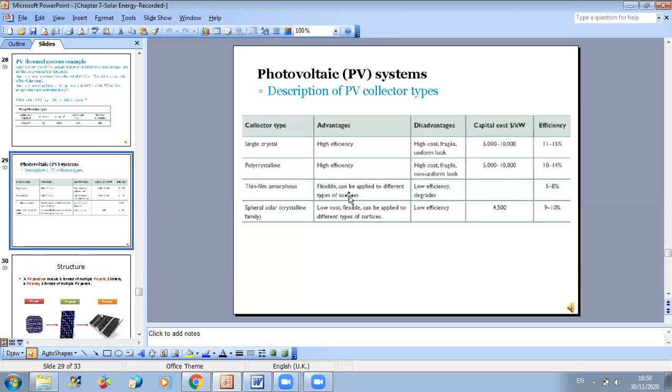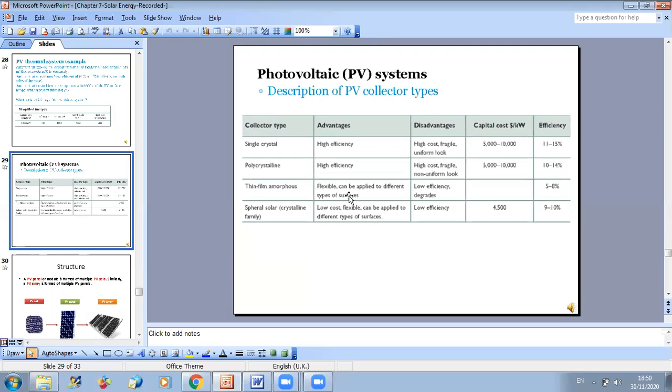and the efficiency is between 11 and 15%. For the polycrystalline type, you also have a high efficiency, with the same disadvantages: nearly high cost, and it can be corrupted easily. The capital cost is also relatively high, $5,000 to $10,000 per kilowatt, and the efficiency is between 10 and 14%.